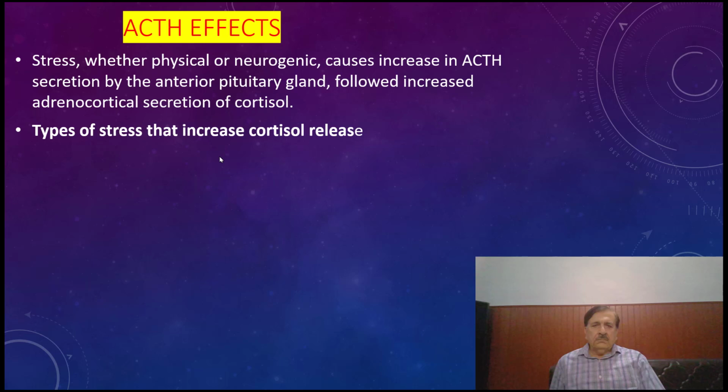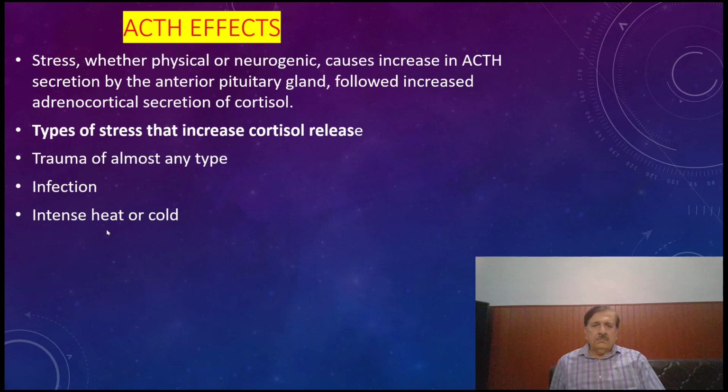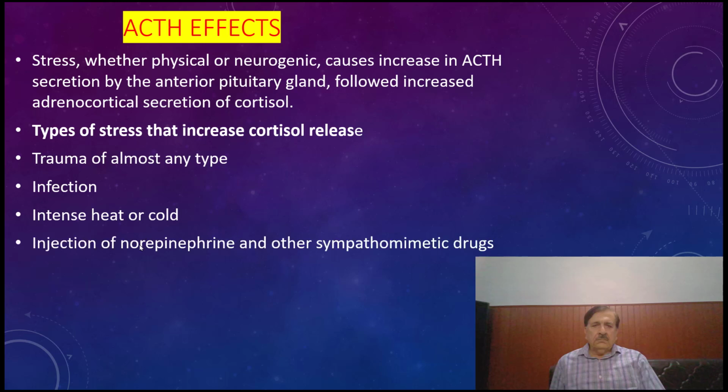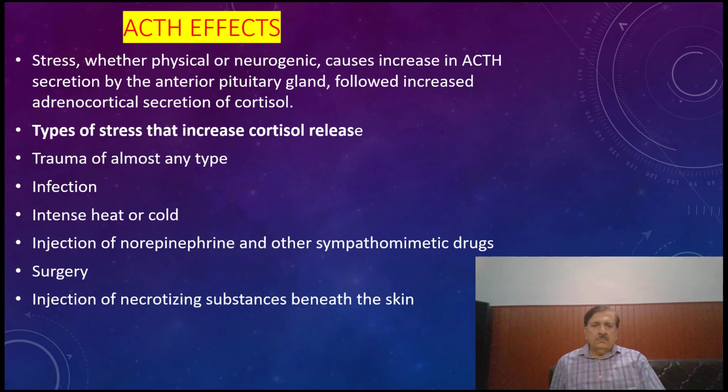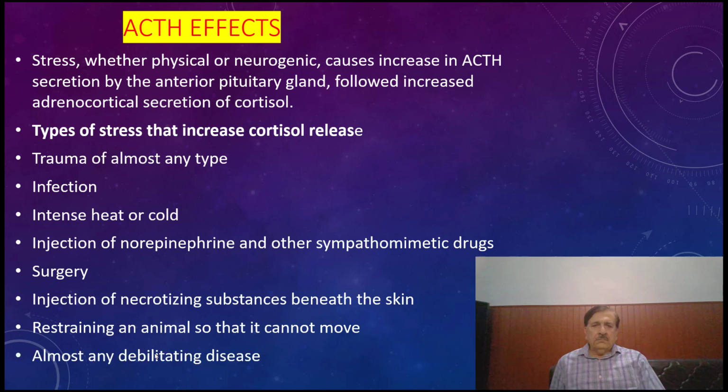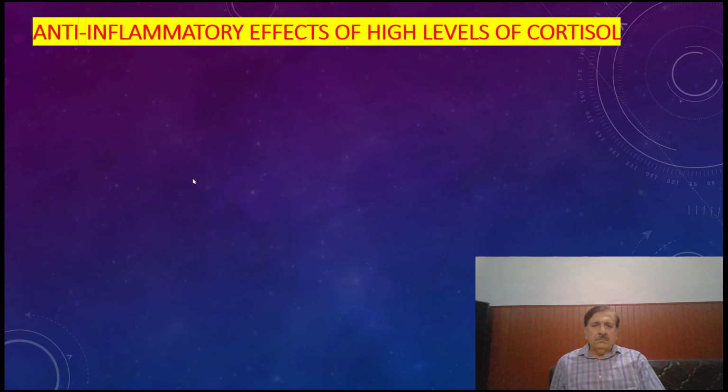Types of stress that increase cortisol release: trauma of almost any type, infection, intense heat or cold, injection of norepinephrine or other sympathetic drugs, surgery, injection of necrotizing substances beneath the skin, restraining an animal so that it cannot move, almost any debilitating disease.